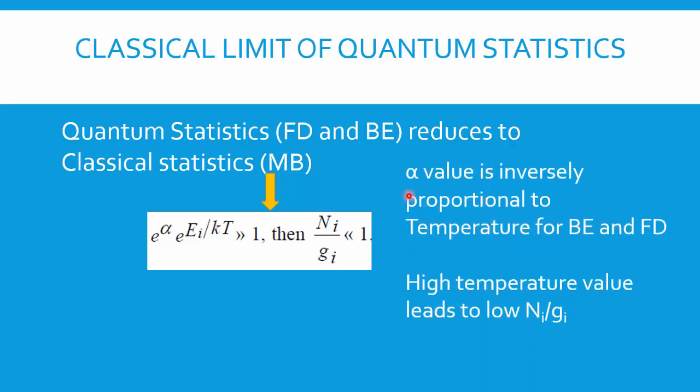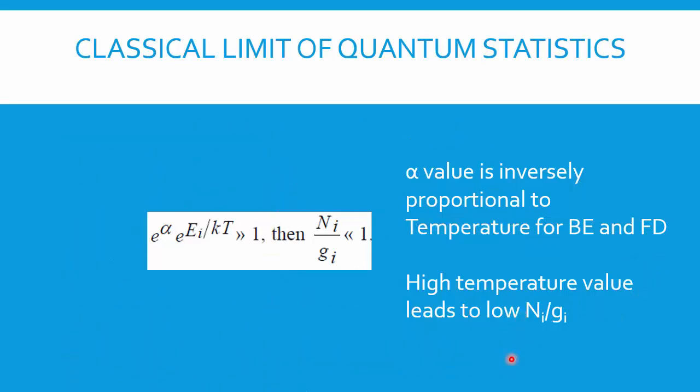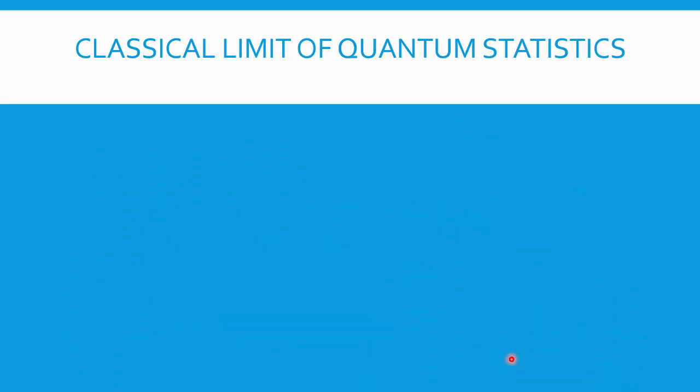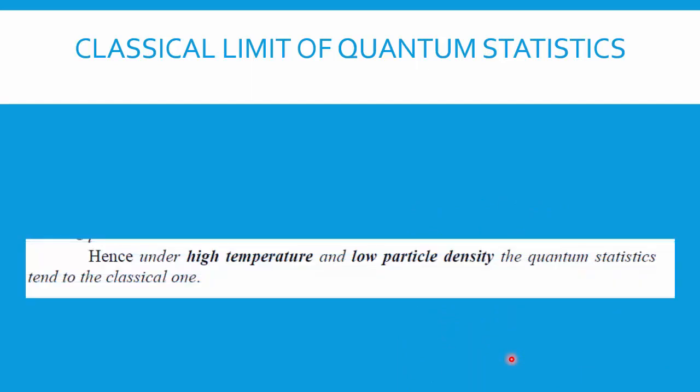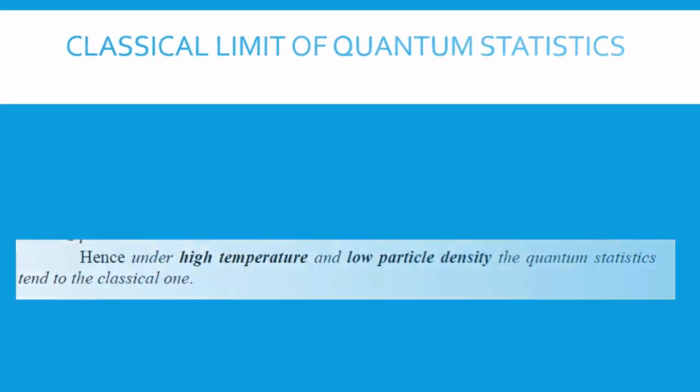So I repeat, as alpha is inversely proportional to temperature for BE and FD, high temperature leads to low number density, and low number density leads to MB statistics, classical statistics. If I am asked in one line under which physical condition FD or BE will lead to MB statistics, I would say that under high temperature and low particle density, quantum statistics leads to classical statistics.